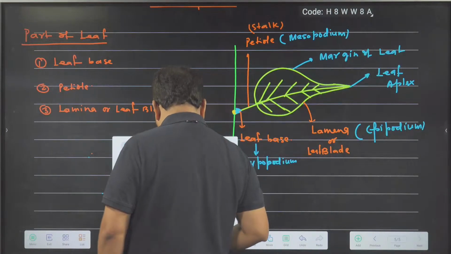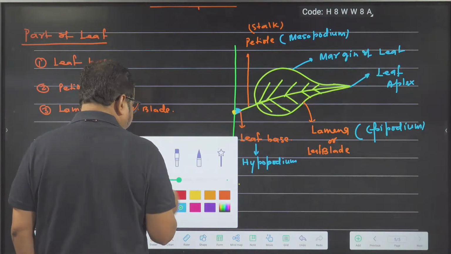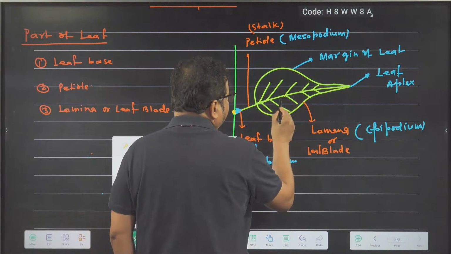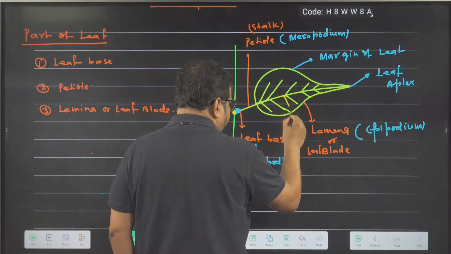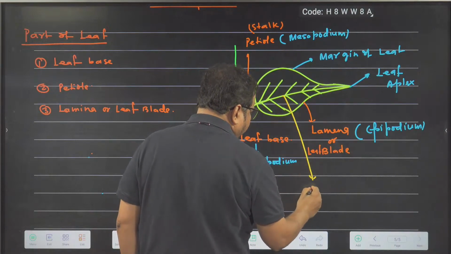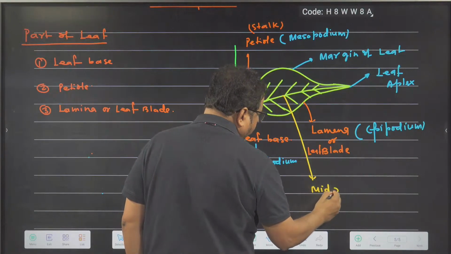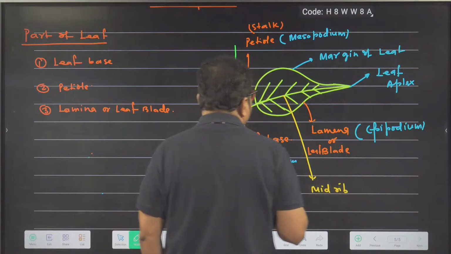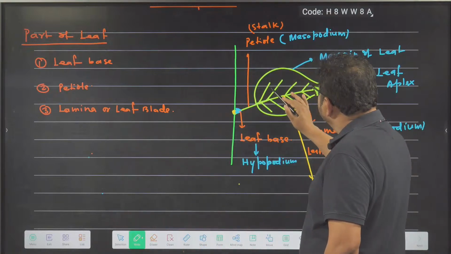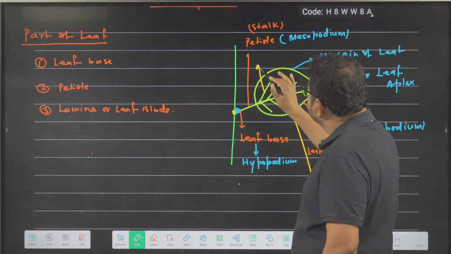In the lamina, one prominent vein is there. This prominent vein of the lamina is called the midrib. From the prominent vein, branches are arising. These branches are called veins.